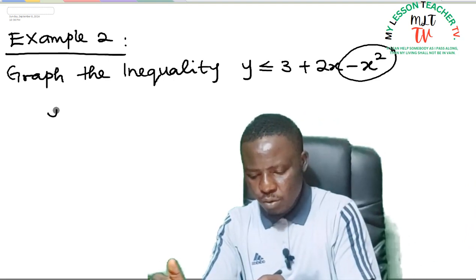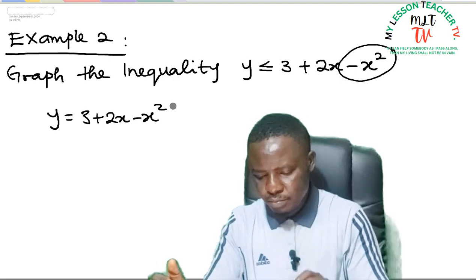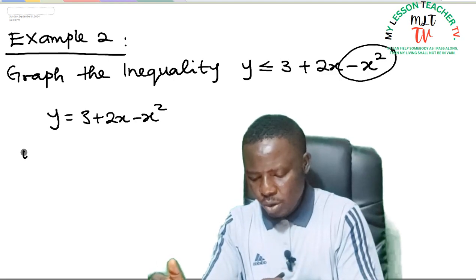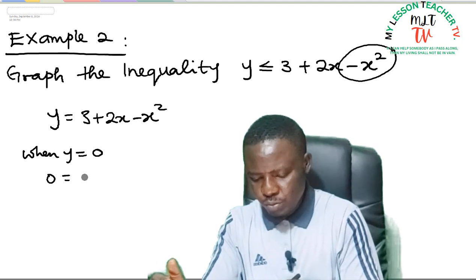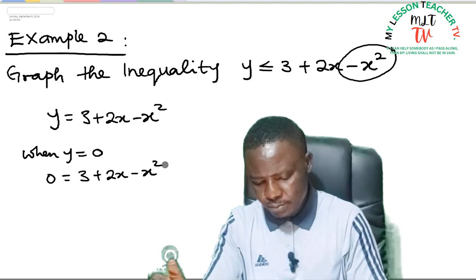Let's determine the intercept. We have y equal to 3 plus 2x minus x squared. Now, when y is equal to 0, we have 0 equal to 3 plus 2x minus x squared.